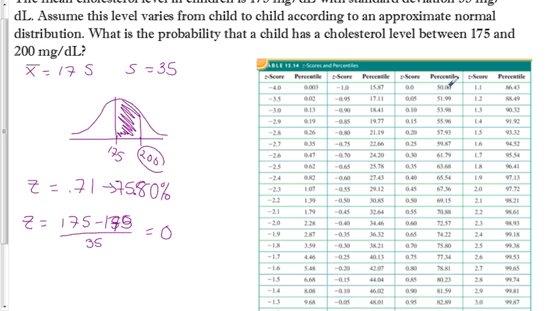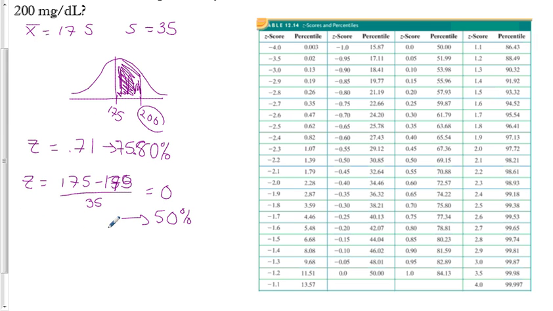A z-score of 0 is a percentile of 50. So in order to calculate the area between them, subtract these two numbers. Remember that you should always get a positive value. So it's the bigger number, 75.80, minus 50, which gives us a probability of 25.80%.